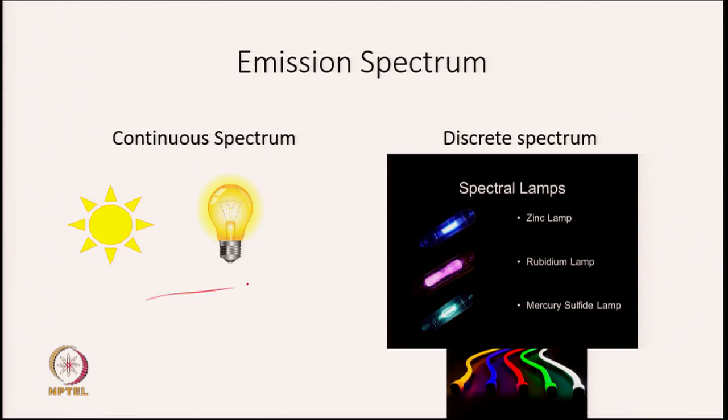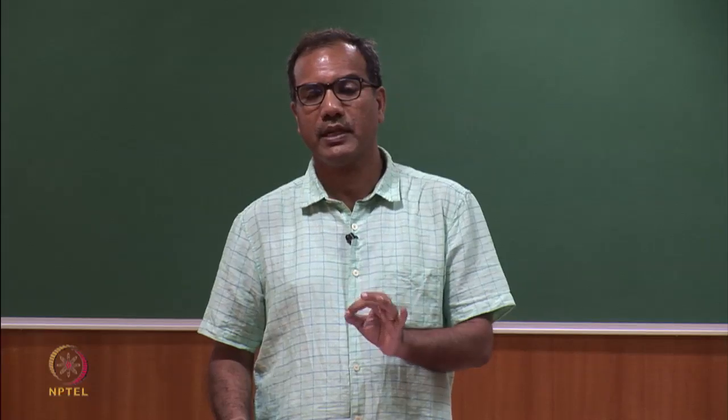On the other hand, if you look at lamps, for example a zinc lamp, a rubidium lamp or a mercury sulphide lamp, you will see different colors. They are emitting a wavelength of a particular color.